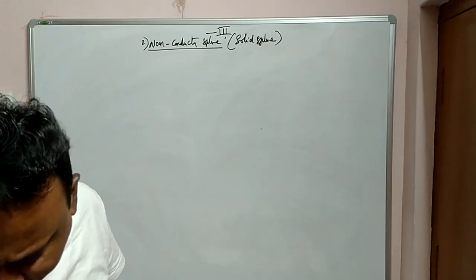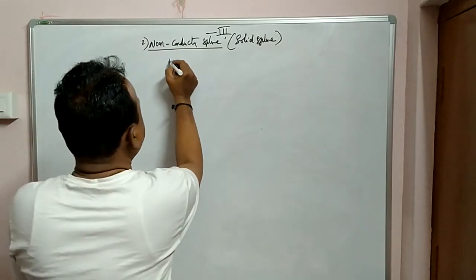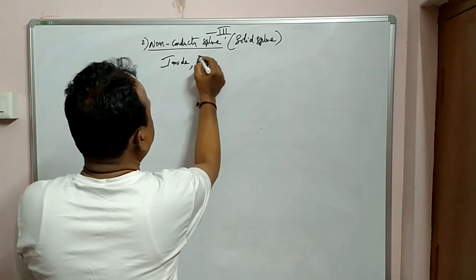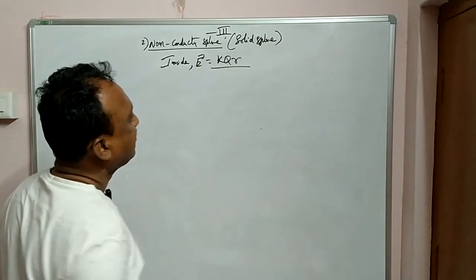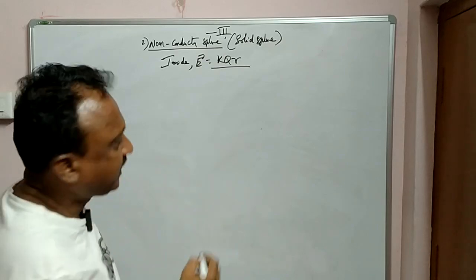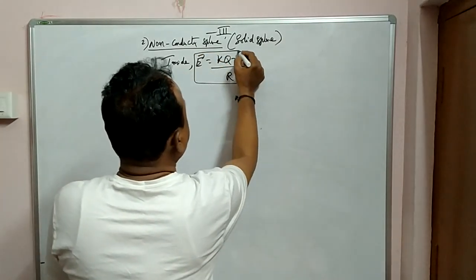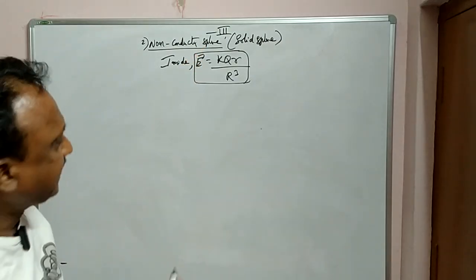For a non-conducting solid sphere, make a note: generally, inside, E is given by kq small r by R cube.